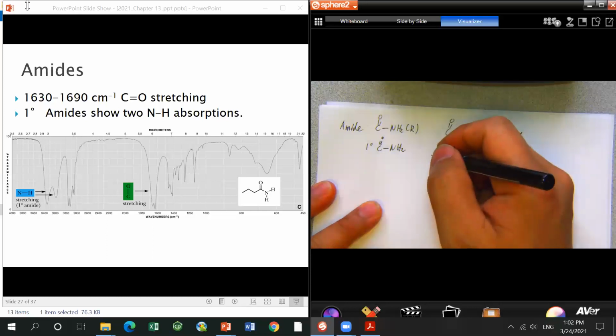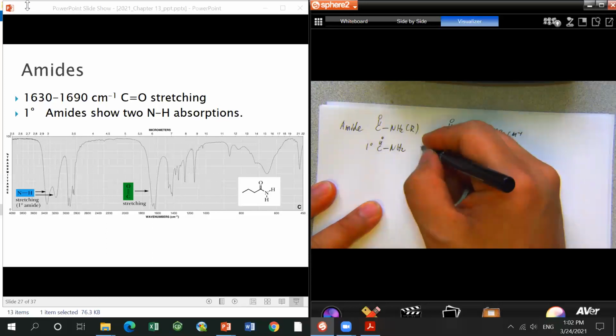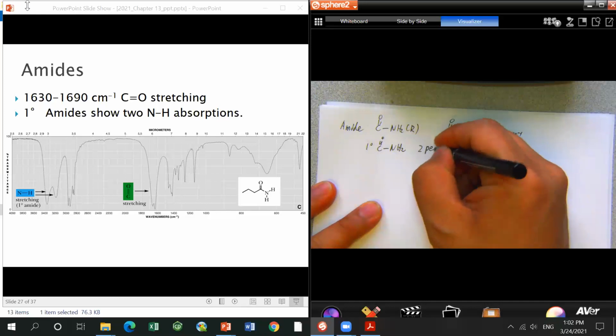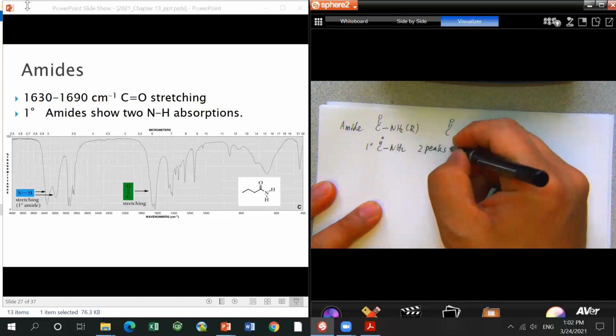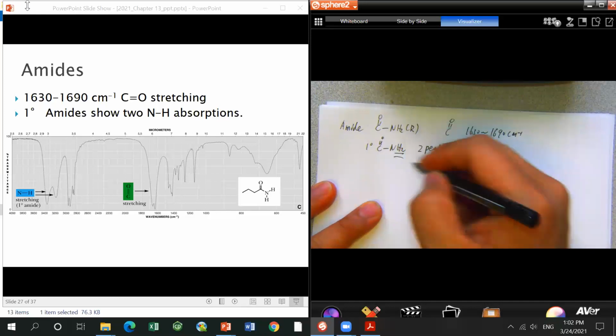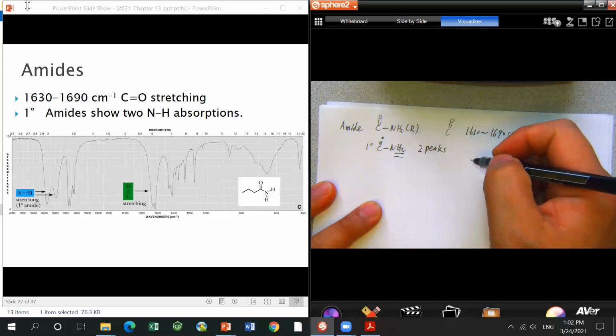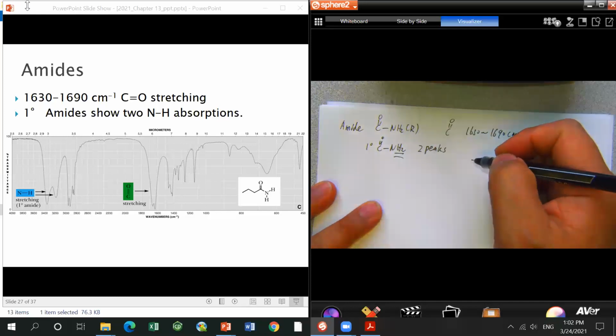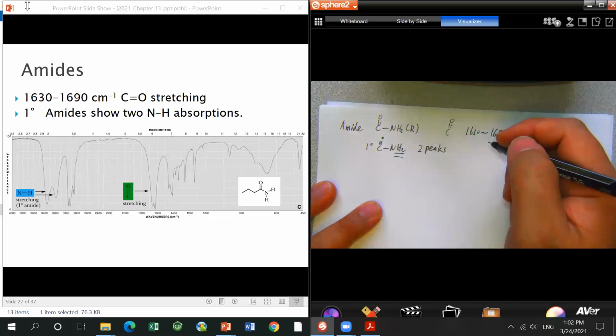So you should see two NH stretching peaks. One is kind of symmetrical, another unsymmetrical, around 3300 to 3400.